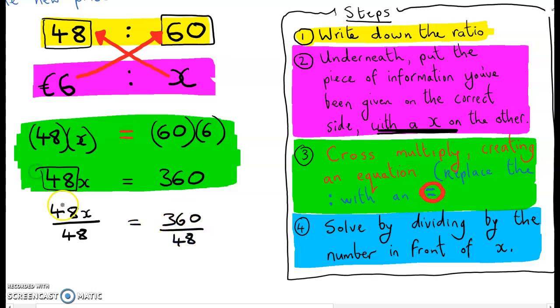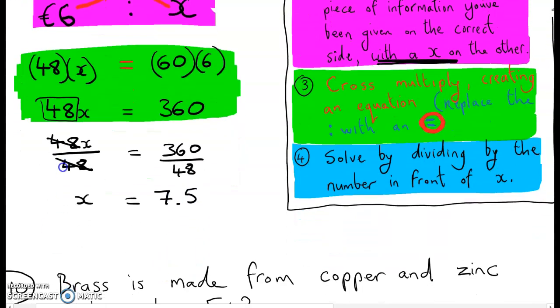So we got to divide this by 48, and we got to divide this by 48. It'll cancel there, and you'll just be left with x. And 360 divided by 48 is 7.5. Or in other words, the new copybook costs €7.50.